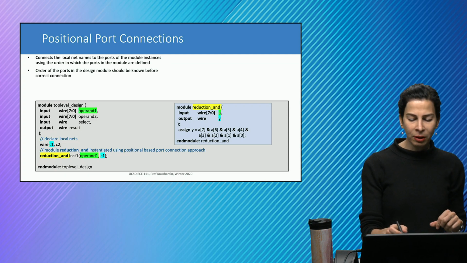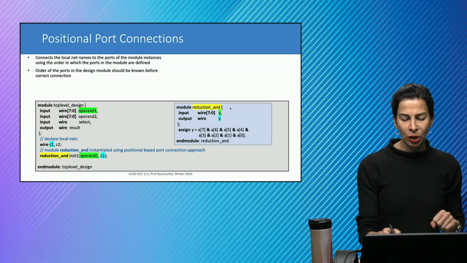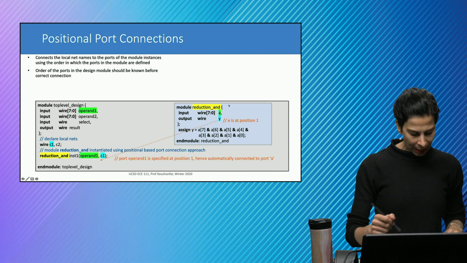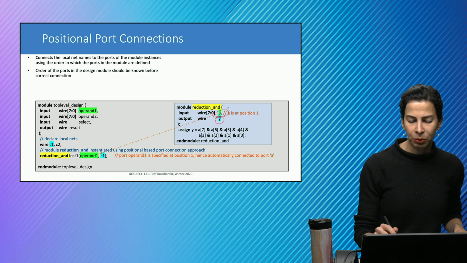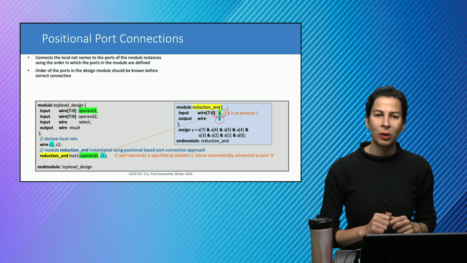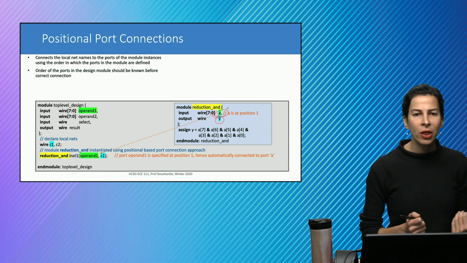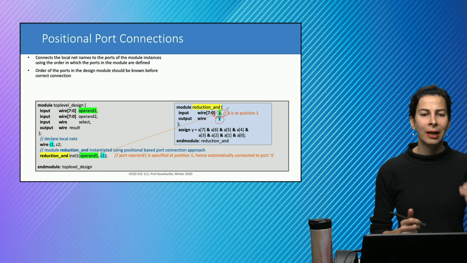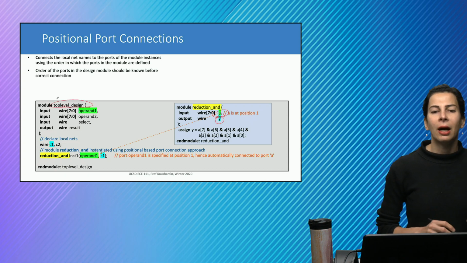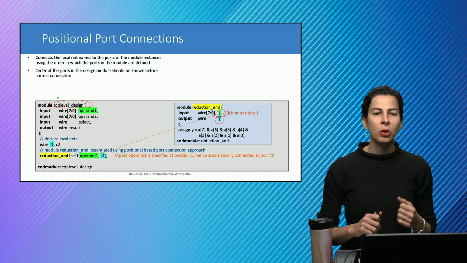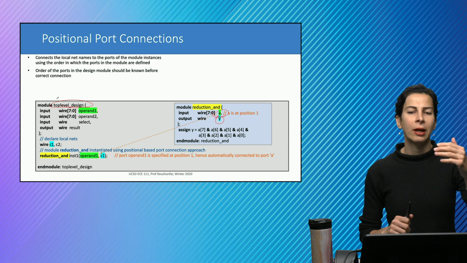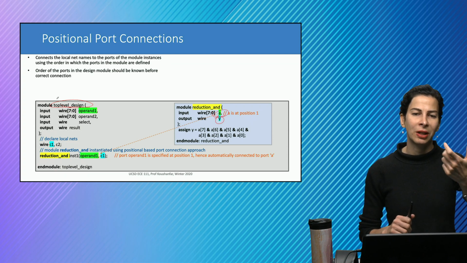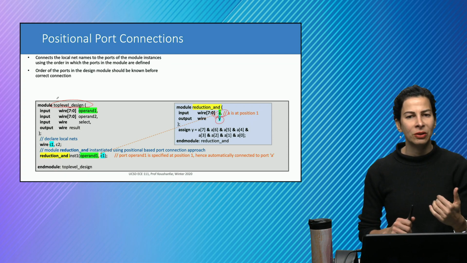Here is an example, the reduction AND that we just saw. There is an input A and there is an output Y. A is 8-bit, Y is 1-bit. And then when we call this in the top-level design, which is shown here, we first call operand 1, which is another 8-bit variable, and then there is a wire.